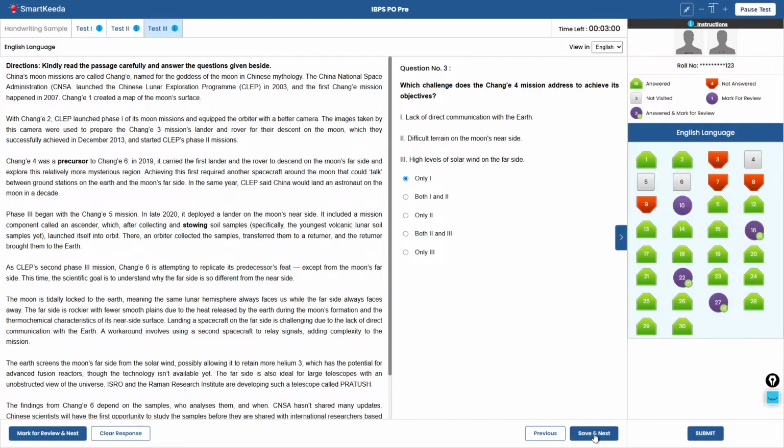I think this only. Solar wind was mentioned somewhere, but one and three is not here.